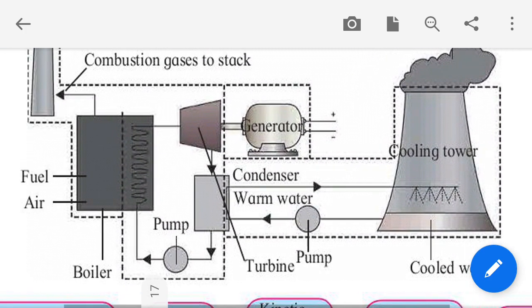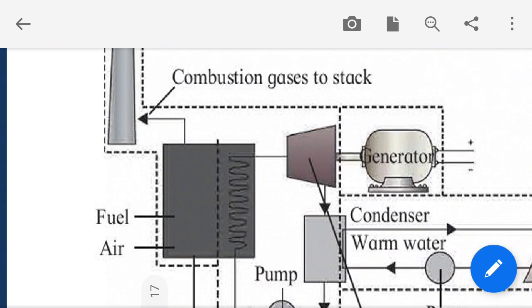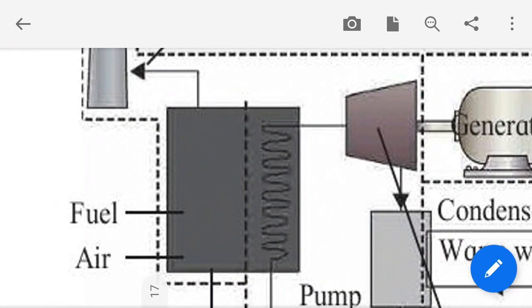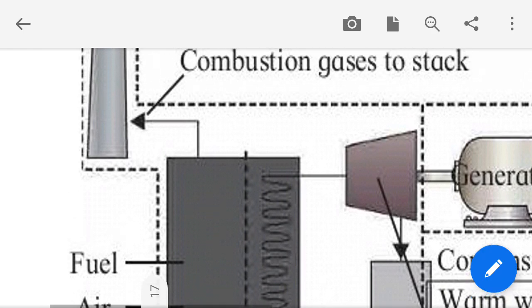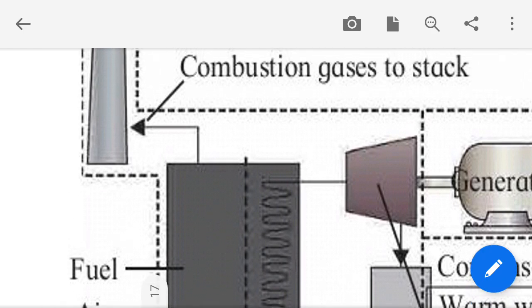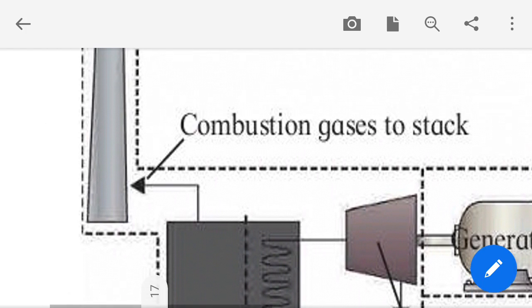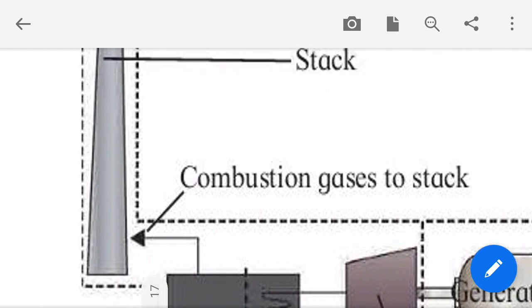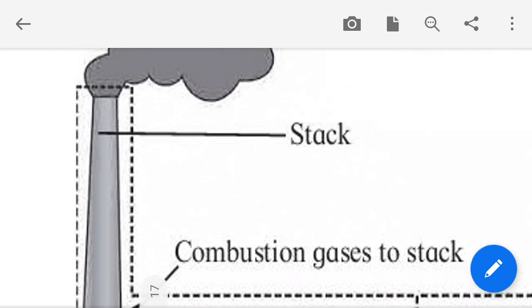Then when we carry out combustion of our coal, gases are generated, that is CO2, carbon dioxide, carbon monoxide, or other gases or soot particles generated due to incomplete combustion. These particles are carried to the outside of this plant through this stack or chimney.